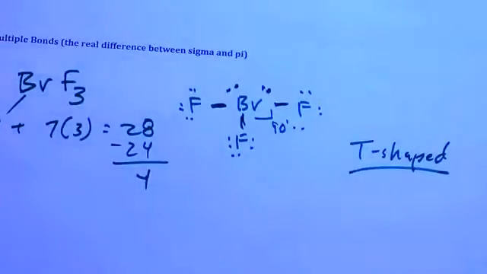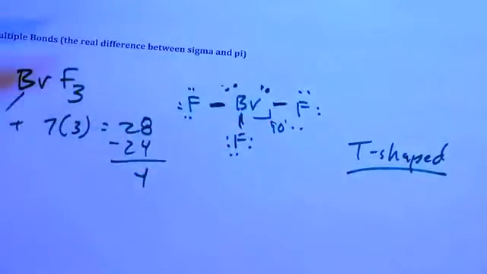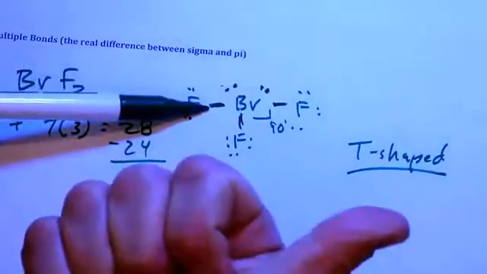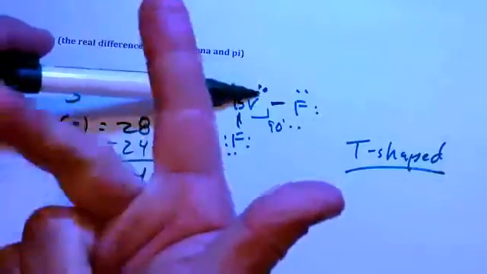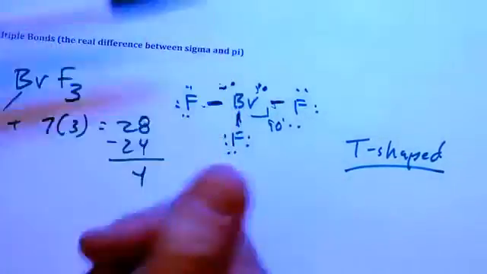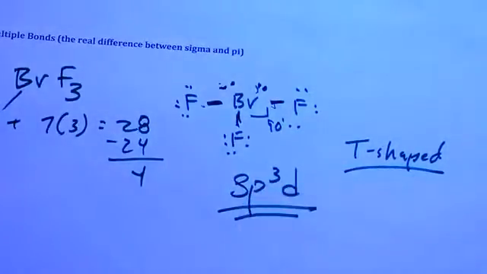And then if you want to know the hybridization, look at all of the bonded and non-bonded electron domains. Take your fist, put it out in front of you. S, P, notice I count the non-bonded, P, P, D. Oh, so it's sp3d hybridized.